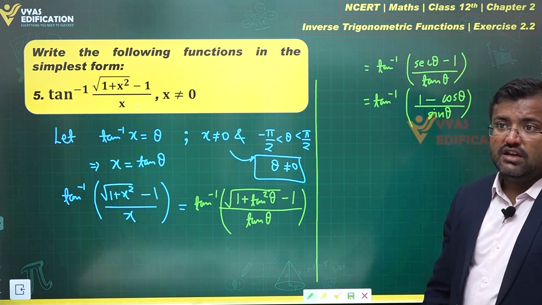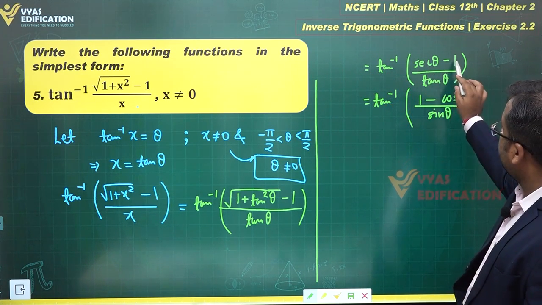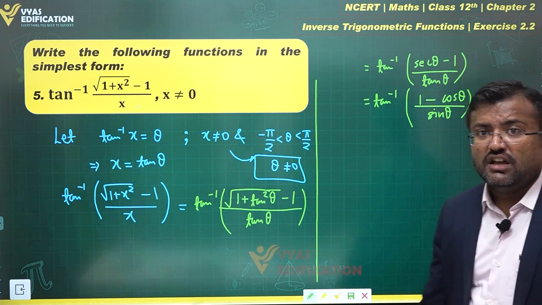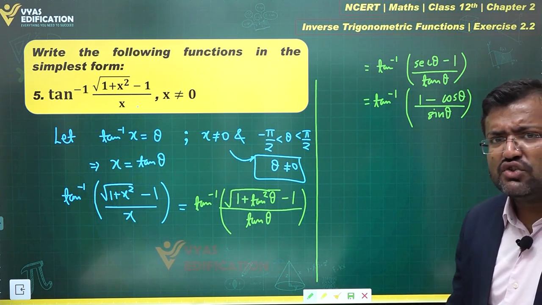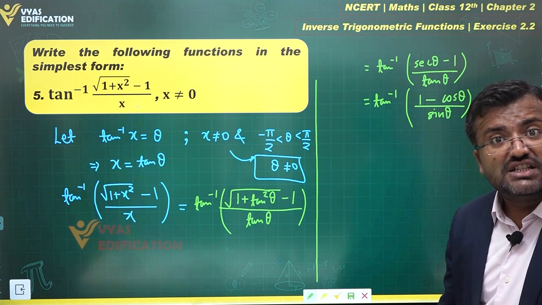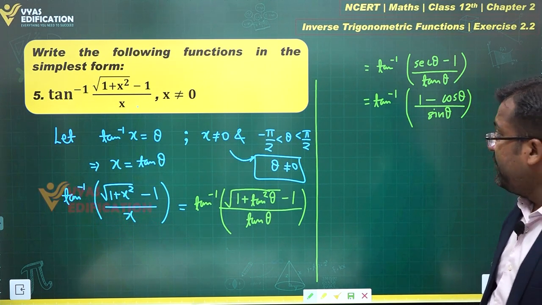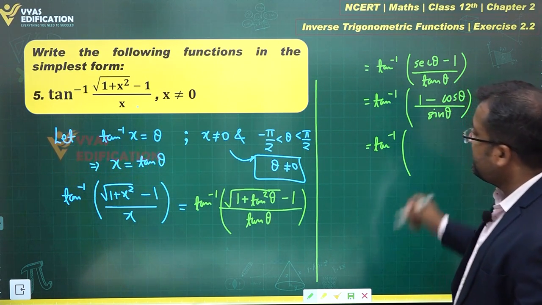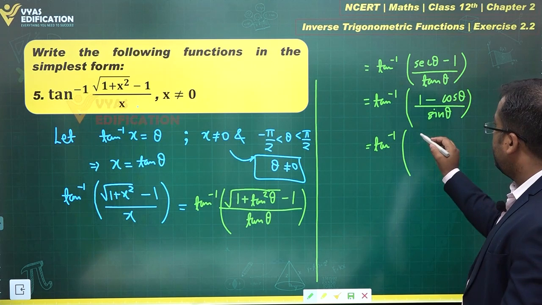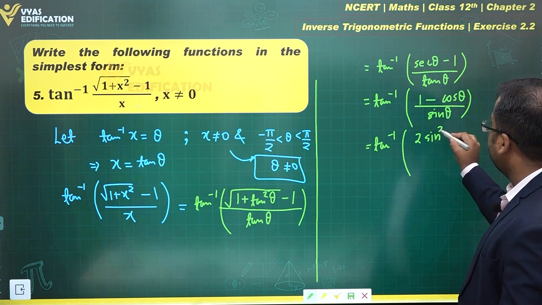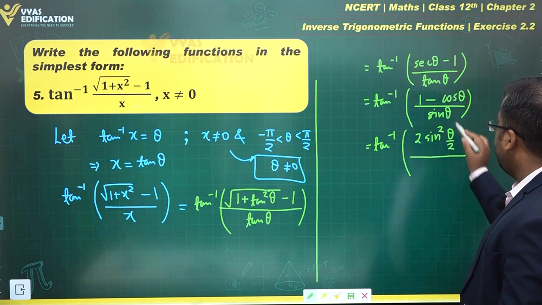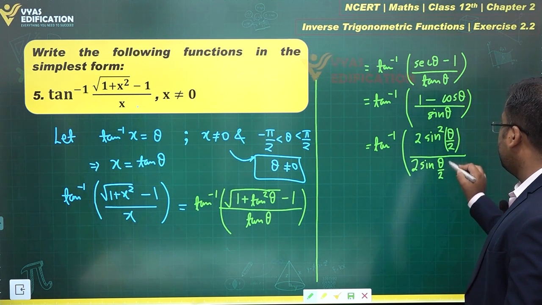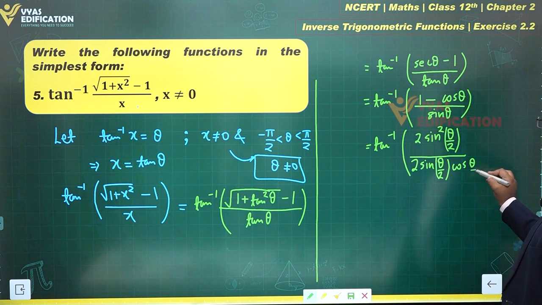What I've done is multiplied numerator and denominator by cos theta. So this becomes cos theta times sec theta, which is 1, minus cos theta times tan theta, which is sin theta. What else? Now, I can convert 1 minus cos theta and sin theta in terms of half angles. Yes, benefit of converting into half angles would be this. 1 minus cos theta can be written as 2 sin square theta by 2, and this can be written as 2 sin theta by 2 cos theta by 2.